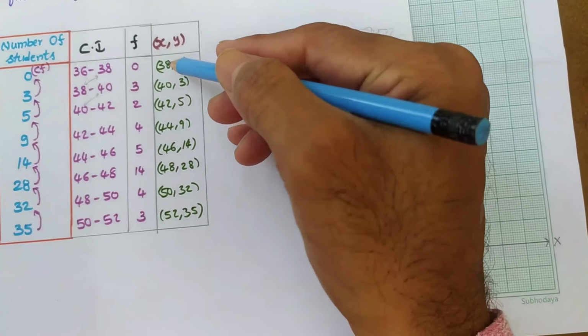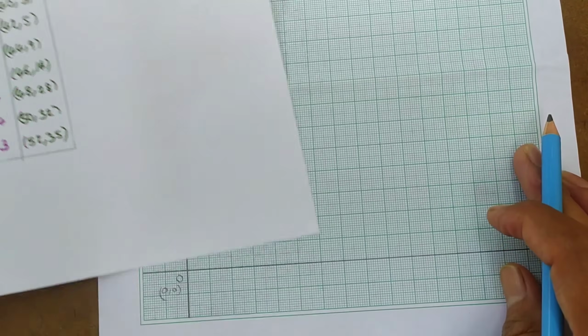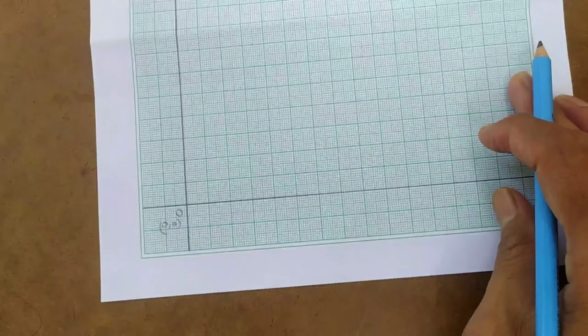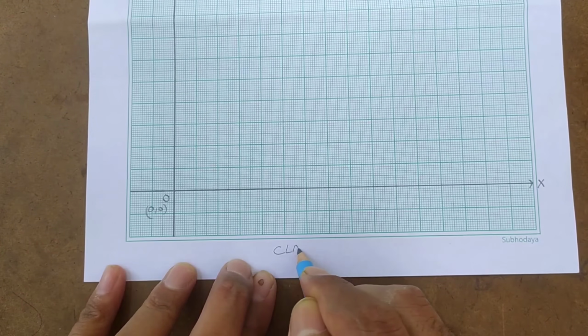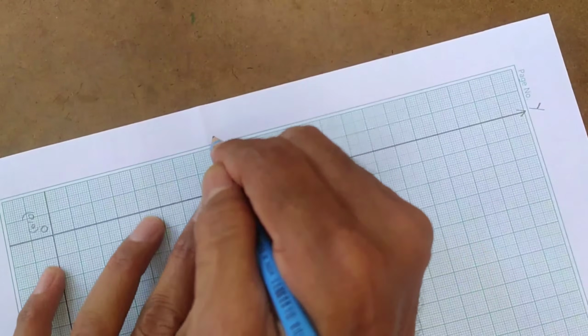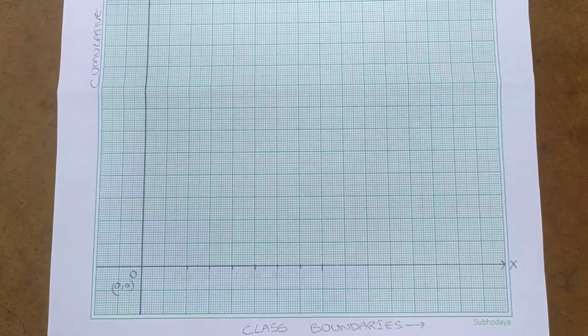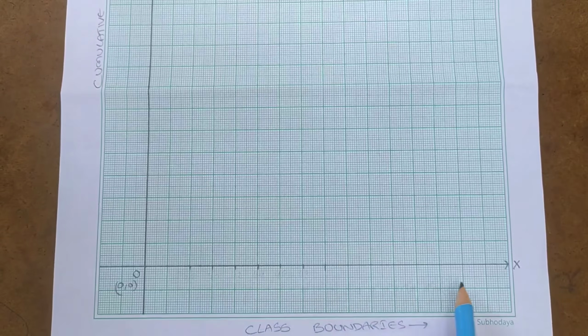So we observe these values 38, 40, 42, 44, 46. These values are to be plotted on x axis. Those are called class boundaries. So on x axis we should take class boundaries. On y axis we should take cumulative frequencies. Now we are going to write the class boundaries.